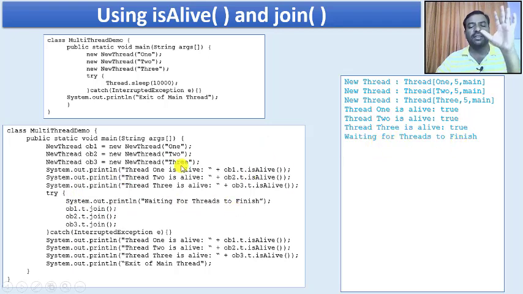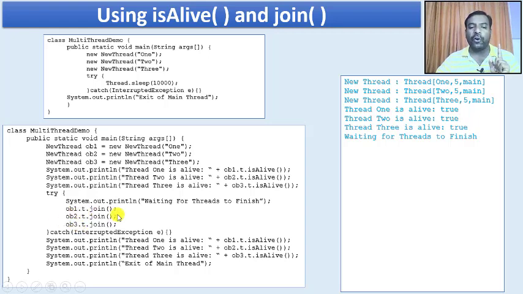That means the main thread, the parent thread, will wait until the threads I put in the join method finish. Hence I am saying object 1 dot t dot join. The parent thread should wait until the first thread finishes its execution, and even the second thread, and even the third thread.